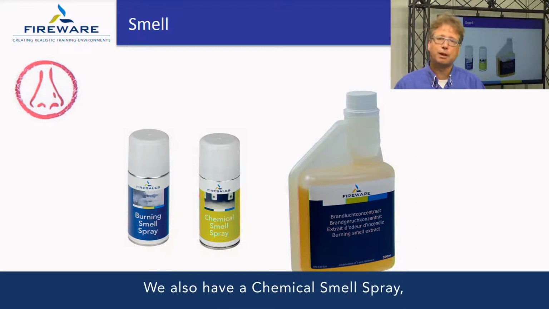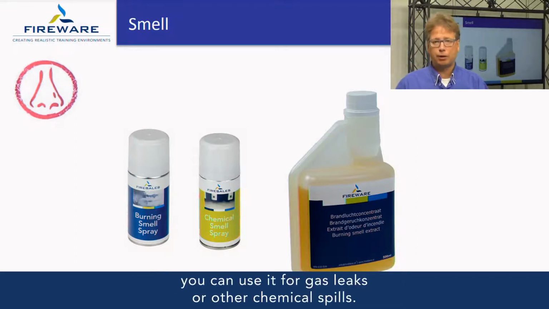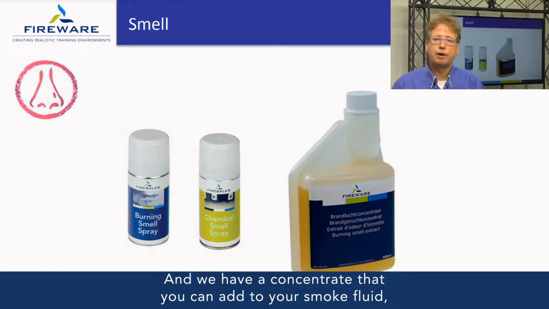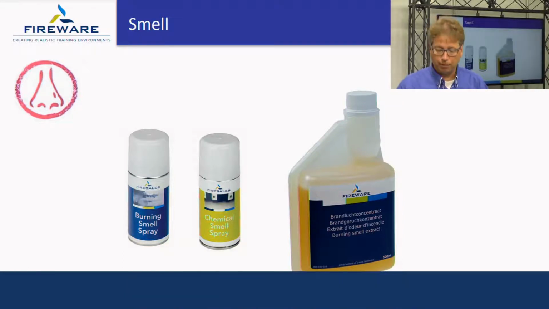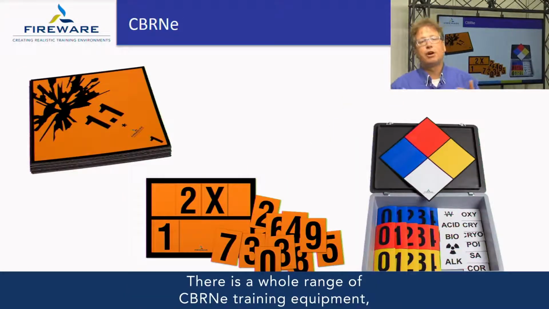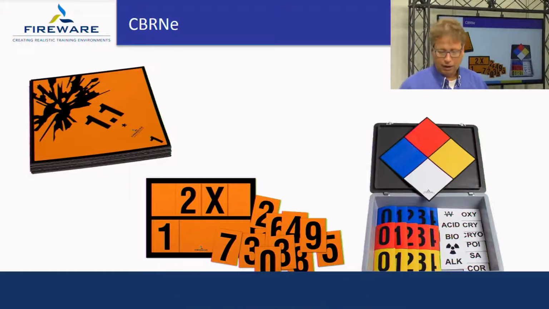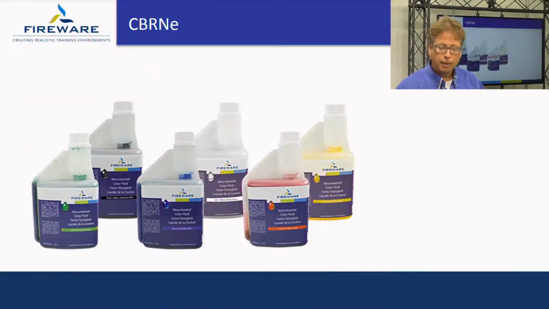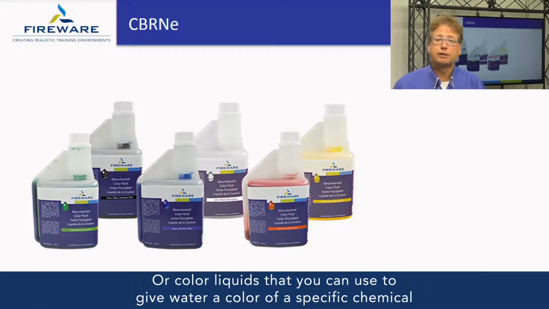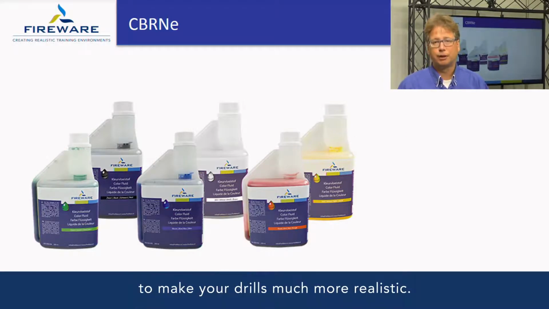We also have a chemical smell spray. You can use that for gas leaks or other chemical spills. And we have a concentrate that you can add to your smoke fluid so that you can use your smoke machine to bring a burning smell into the room. There is a whole range of CBRNE training equipment, like the signals that you can put on a container, on a drum, or color liquids that you can use to give water the color of a specific chemical to make your drills much more realistic.